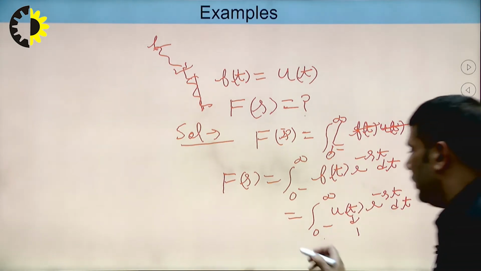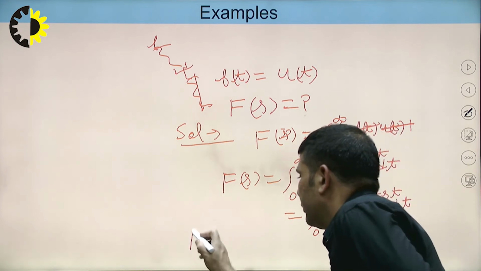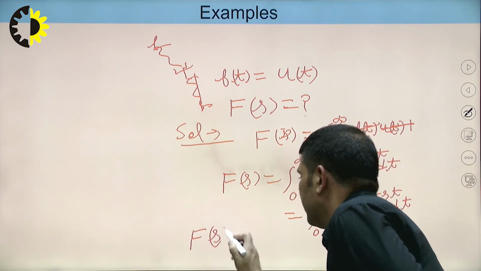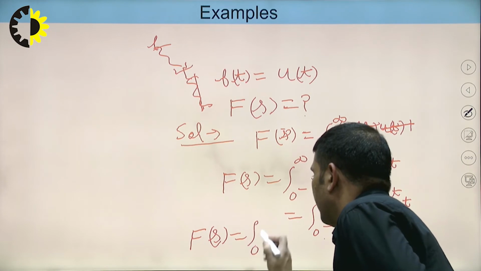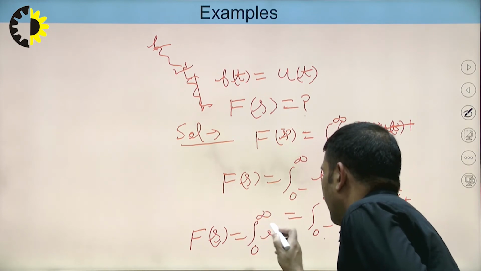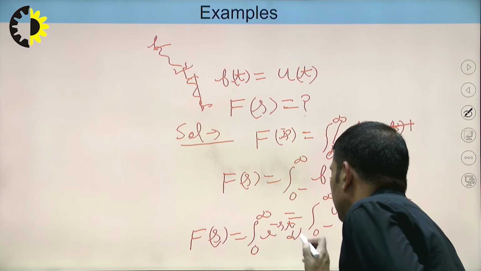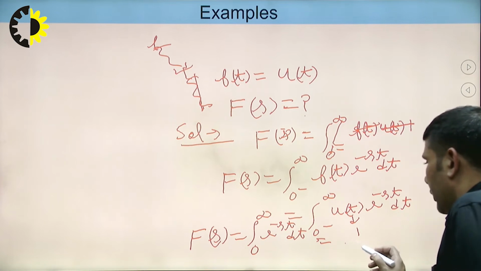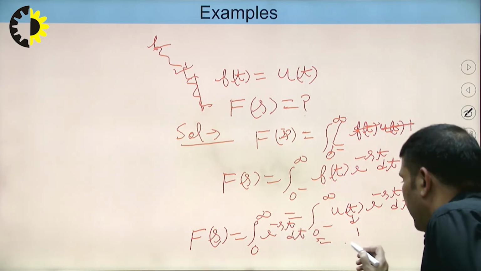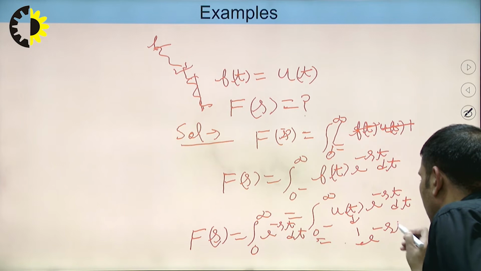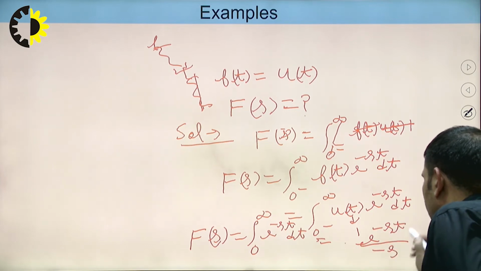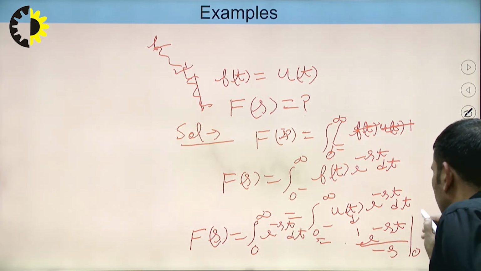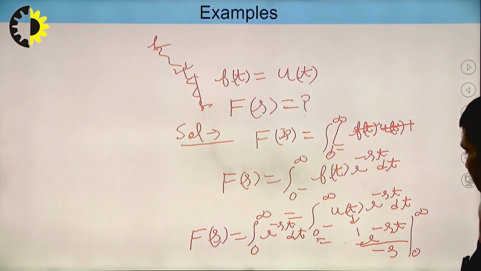So Fs is equal to integration from 0 to infinite e raised to power minus st dt. If you solve this integration, it comes out to be e raised to power minus st upon minus s, with t from 0 to infinite. That comes out to be 1 upon s.